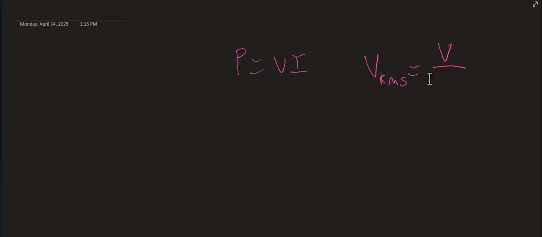So that's the phasor number, the magnitude for the phasor. You take that peak number and divide it by the square root of 2. So the average value for your voltage or your current, which is oscillating, a type of average is this root mean square average, and it's the peak value divided by the square root of 2.